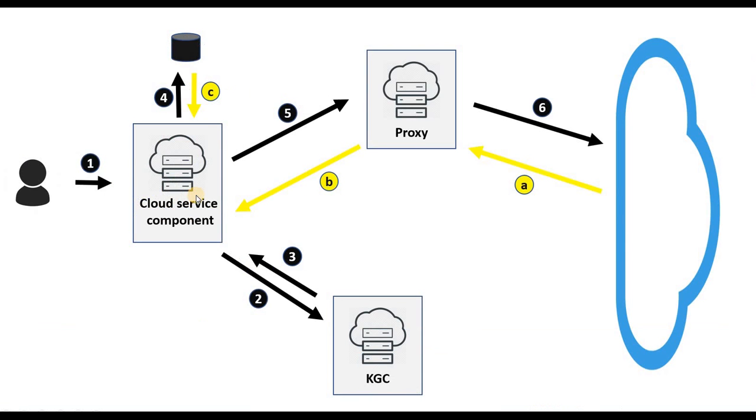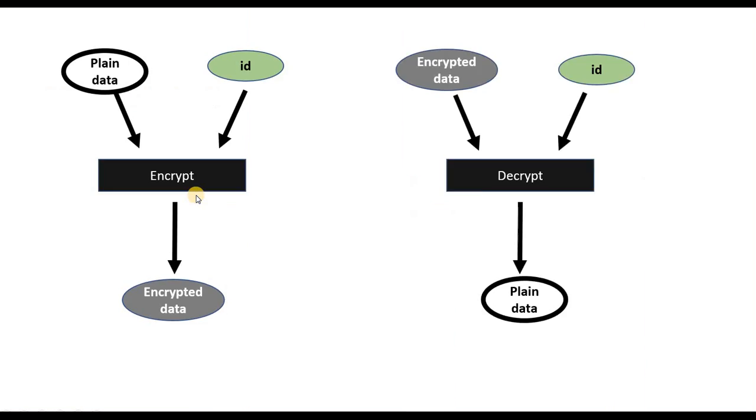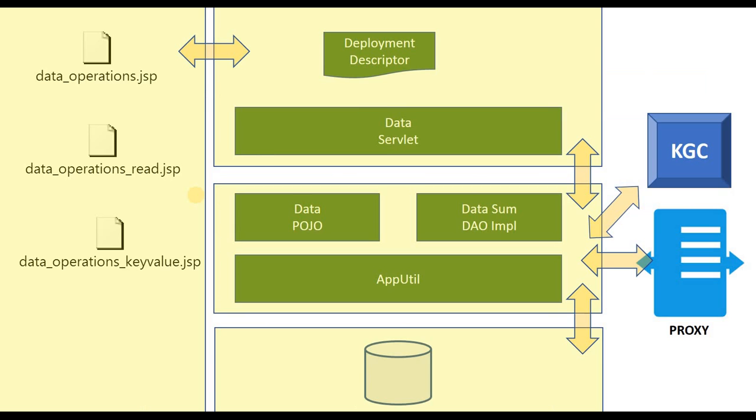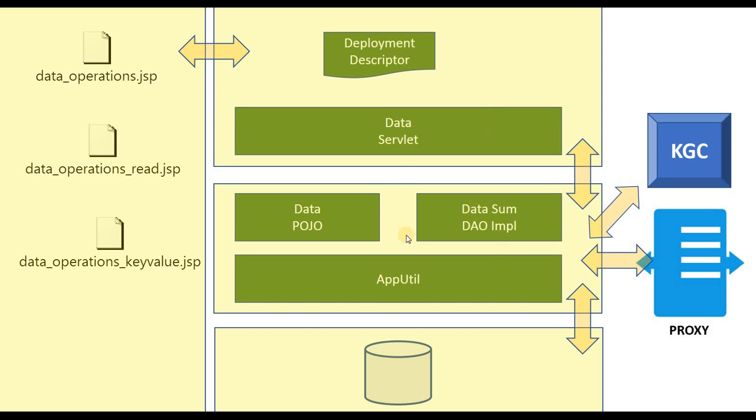If you want to look at the data flow diagram for this module number 5, this is how it looks like. For module number 5, data operation will look like this. It will make use of these JSP pages: data operations.jsp for writing the new data, data operations read.jsp for reading that decrypted title and description data, and data operations key value.jsp for reading the key and value for that title data.